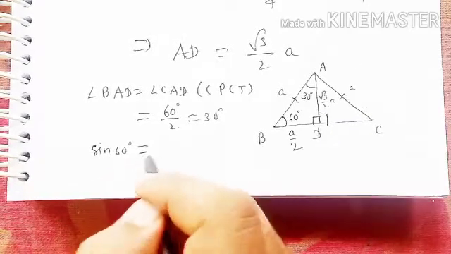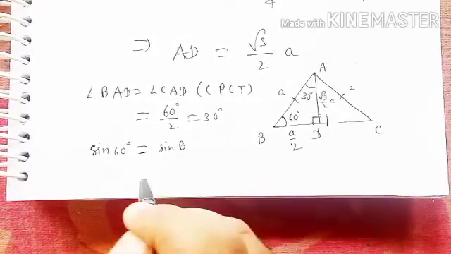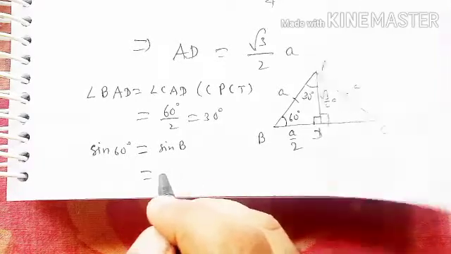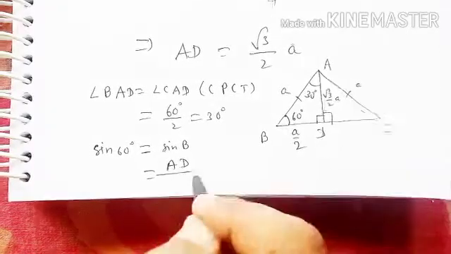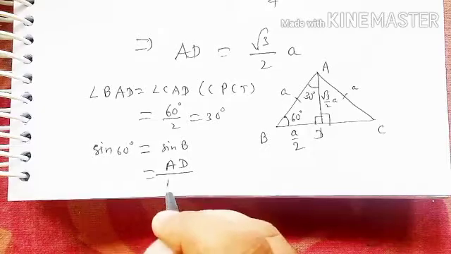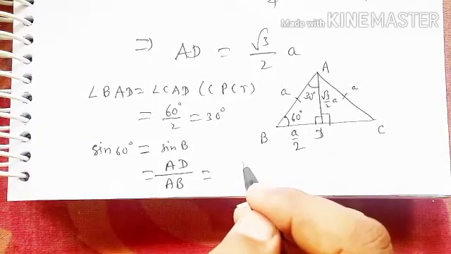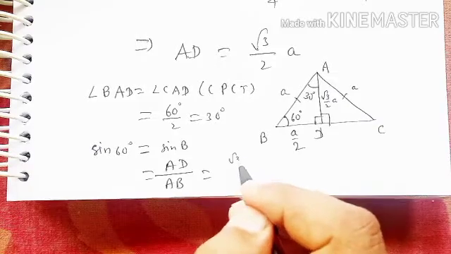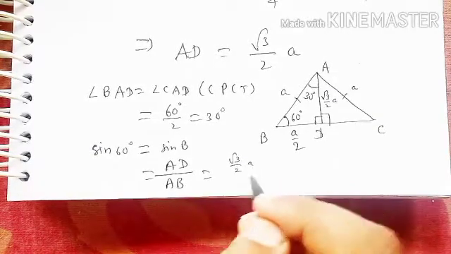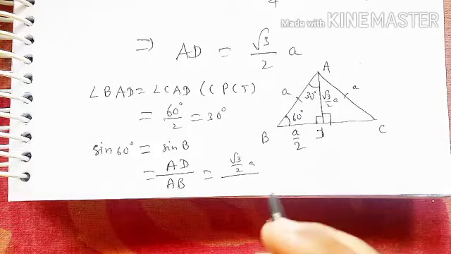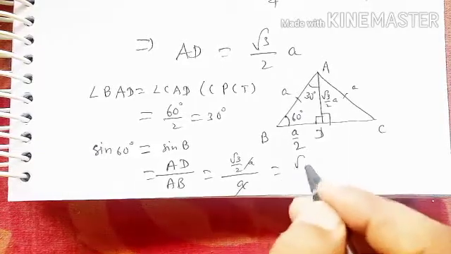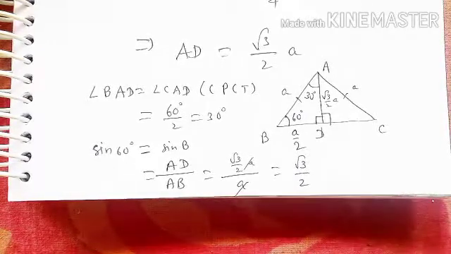For sin 60 degree we have sin B, and for B perpendicular is AD by hypotenuse is AB. So AD is root 3 by 2 into A and AB is A. So we have root 3 by 2.